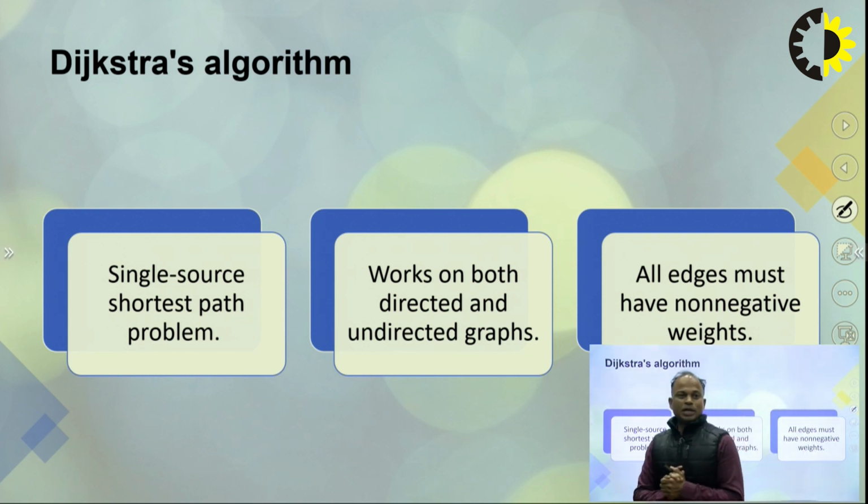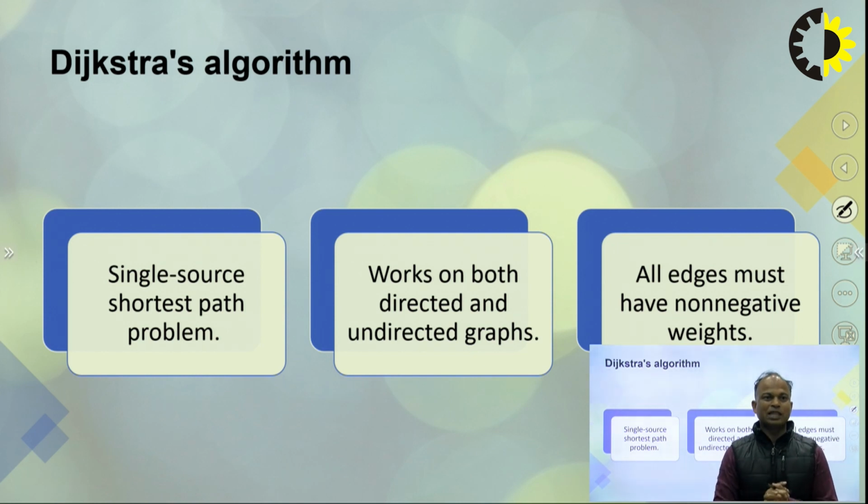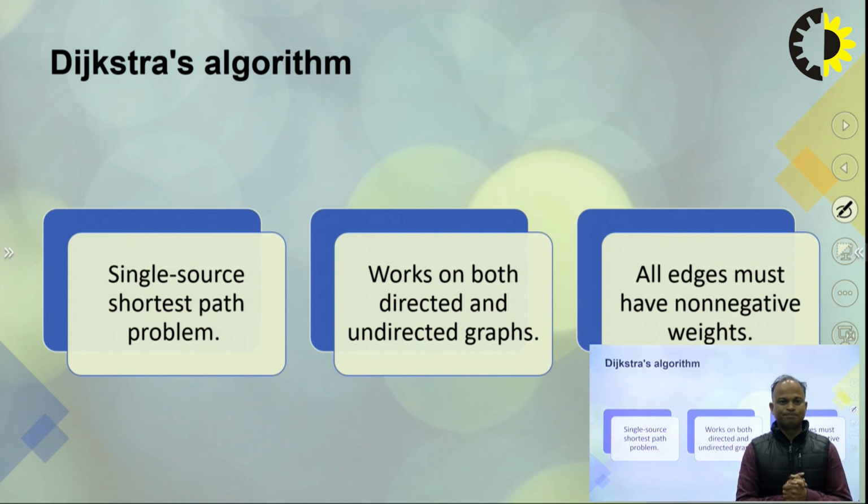As pointed out, for this particular algorithm, we have the single source shortest path problem. I mean we have a single source, and from that source we want to find out the shortest path to the other vertices. For that point of view, you can use this algorithm.